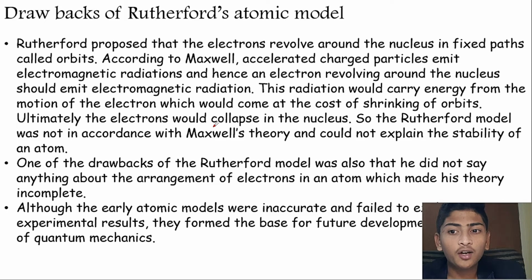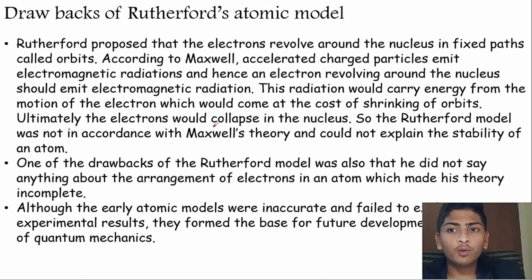Next, the drawbacks of the Rutherford atomic model. Rutherford proposed that the electrons revolve around the nucleus in fixed paths called orbits. According to Maxwell, accelerated charged particles emit electromagnetic radiation, hence electrons revolving around the nucleus should emit electromagnetic radiation.